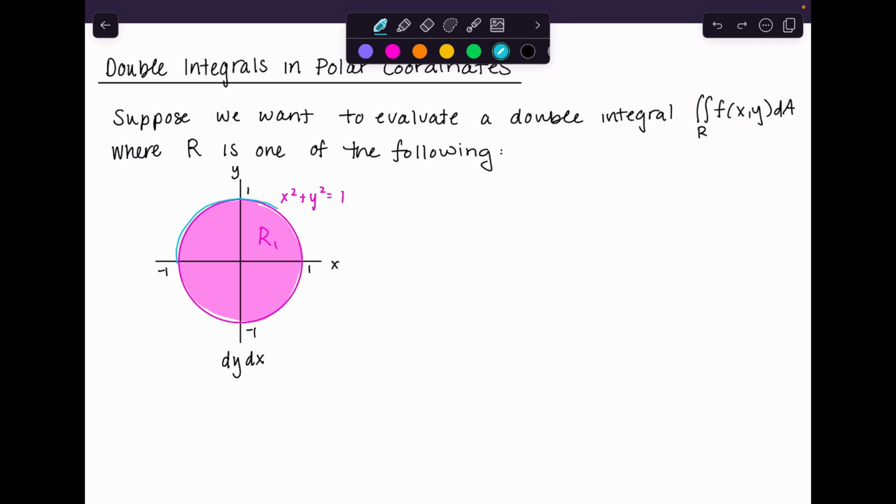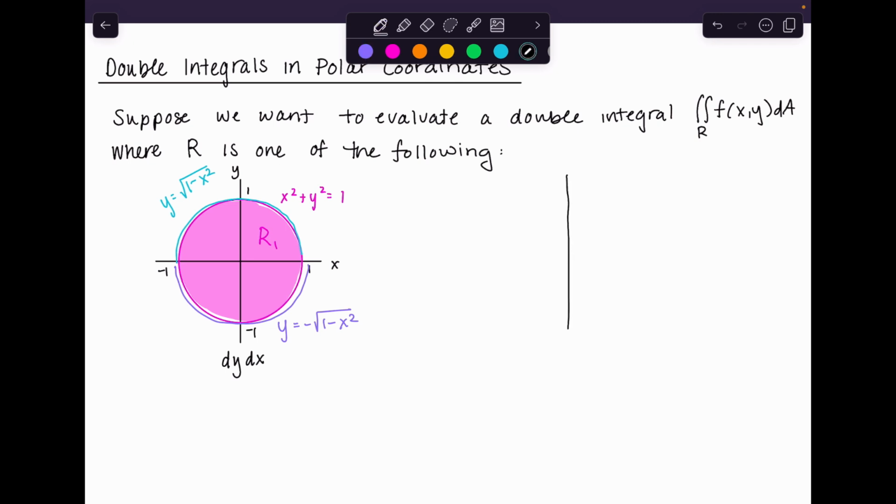So the top half of the circle would be the positive square root of 1 minus x squared, and the bottom half of the circle is the negative square root of 1 minus x squared. So absolutely atrocious bounds.